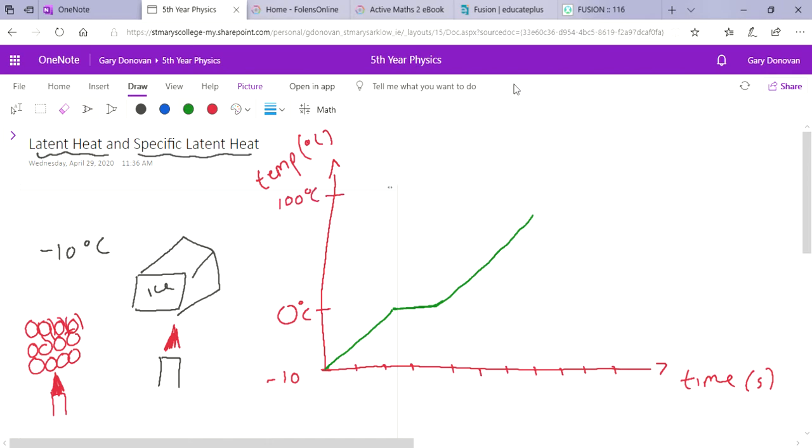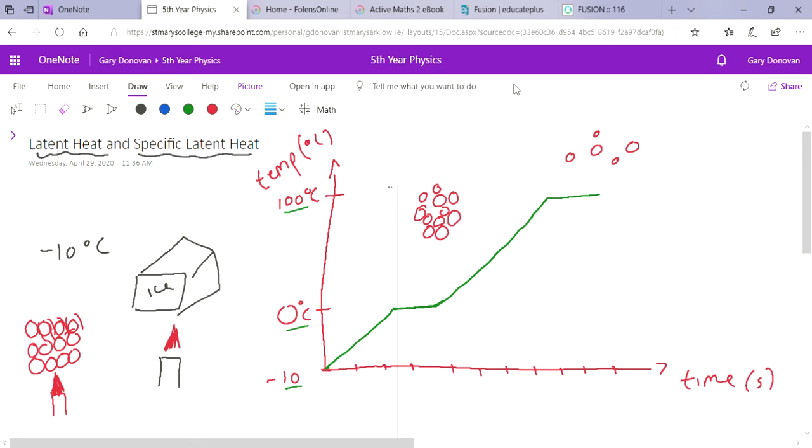At 100 degrees Celsius, you're going to find exactly the same thing. The energy you're supplying doesn't cause the temperature to rise, but it breaks the bonds. The liquid particles are arranged like this, very close together, touching but not in neat rows, and the energy is used to break those bonds and change the water into steam.